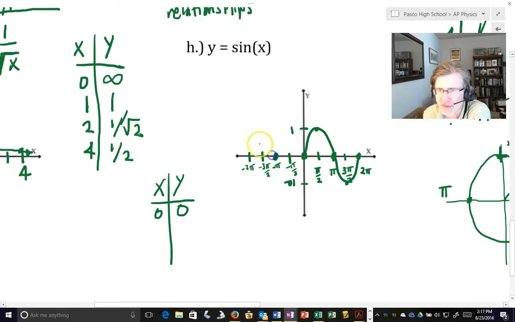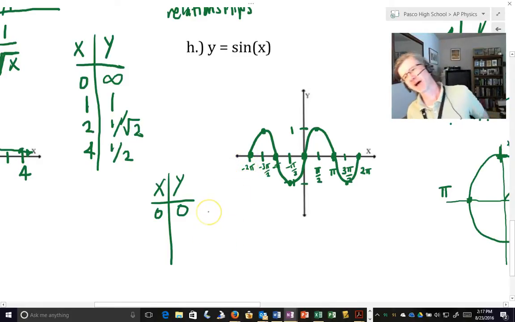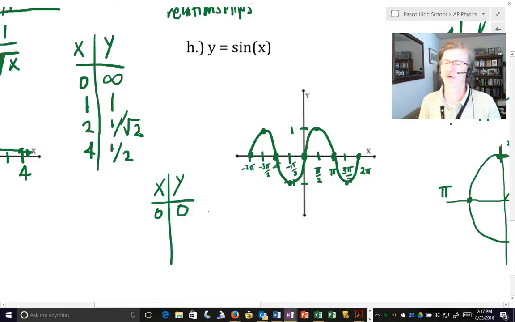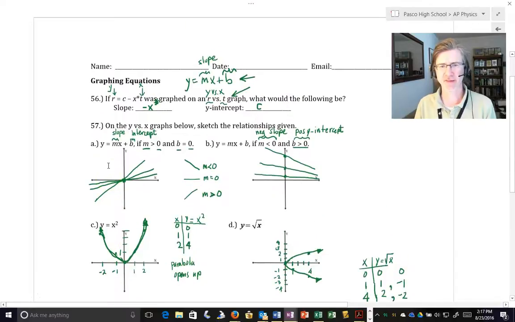Pi is going to be 0, and then negative 3 pi over 2 is going to be positive 1, and that's going to be 0. So this function wiggles like this before it got to that point there, and it just keeps going. So that's the sine. The important thing to remember is the sine of 0 is 0.